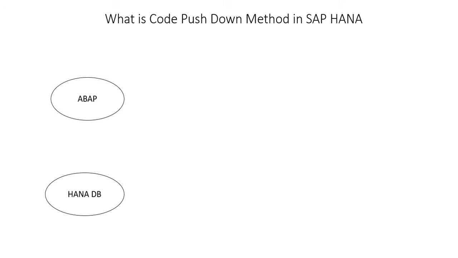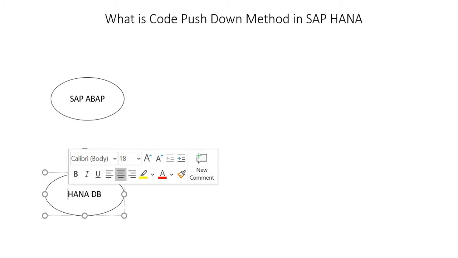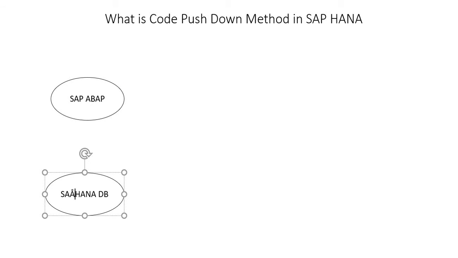Now in my picture, you have two figures. One is SAP HANA, the other one is SAP ABAP. Those who are aware of these systems know that it is very important what we do in SAP ABAP and what we do in SAP HANA.